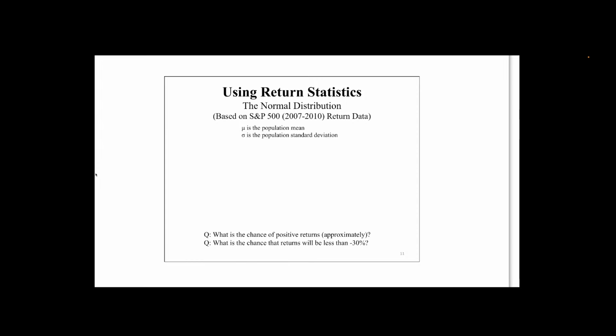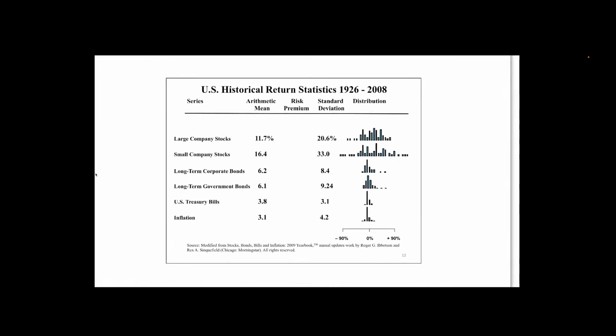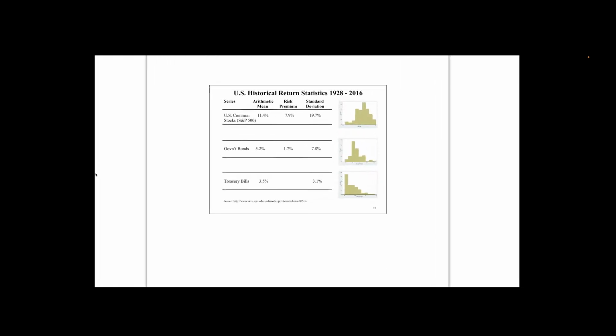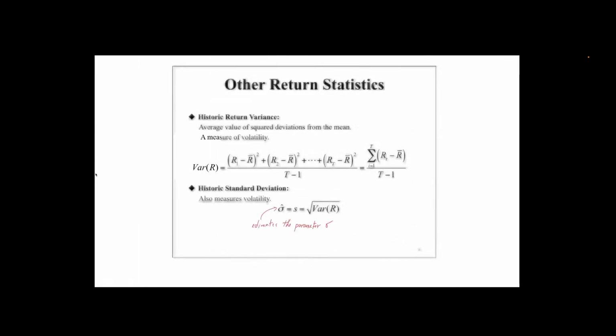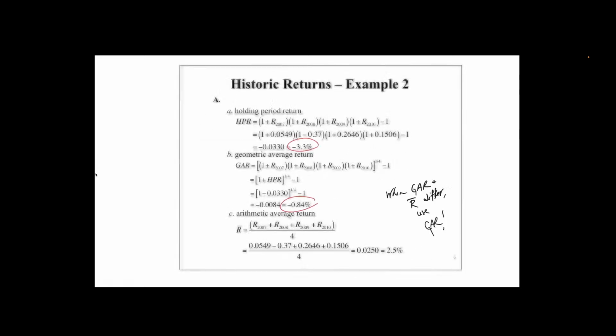In fact, I have below here the histogram for data over the period 1926 to 2008, and I actually have another one here. This is for the data that I put into the chart that we discussed, the 3 asset classes. So here are the data from that chart over here. Where's the chart?